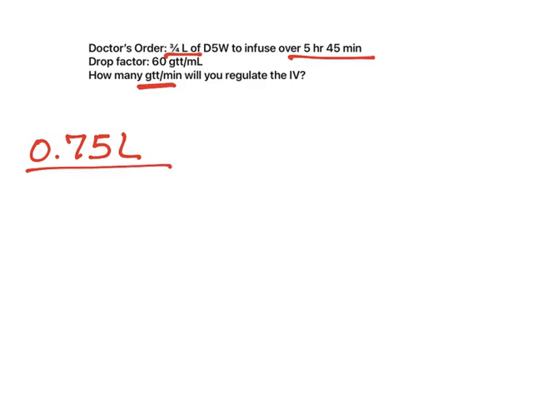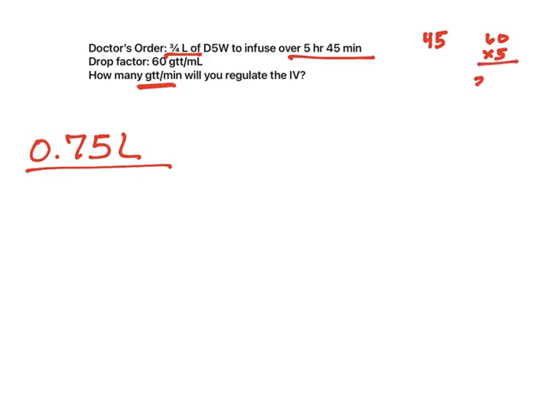Now, our time, what we're going to do with our time, we want to put all our time in minutes. So let's go to the side. So we got 45 minutes right here. Now, we know that for every hour, it's 60 minutes. So what you would have to do is you would do 60 minutes times 5 hours, right?